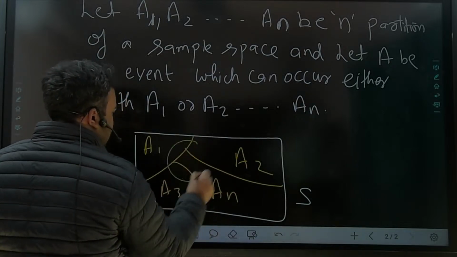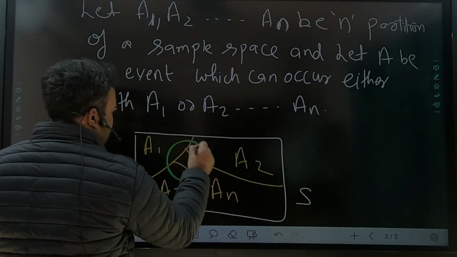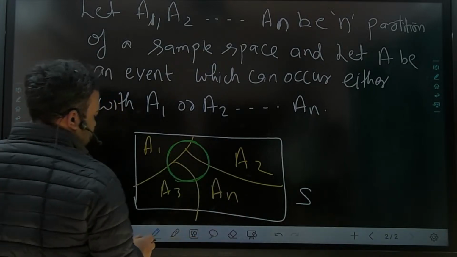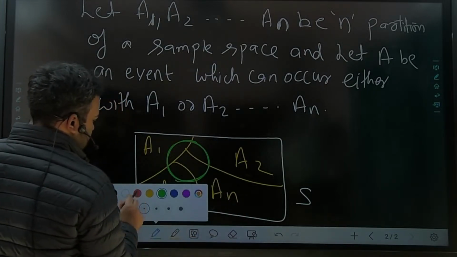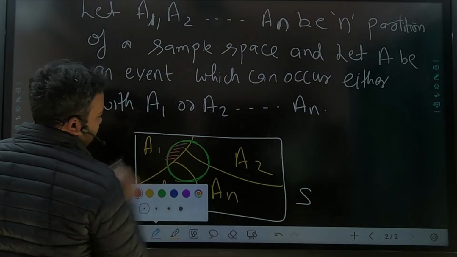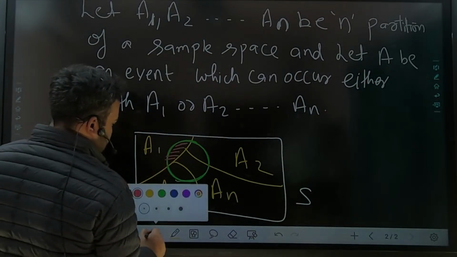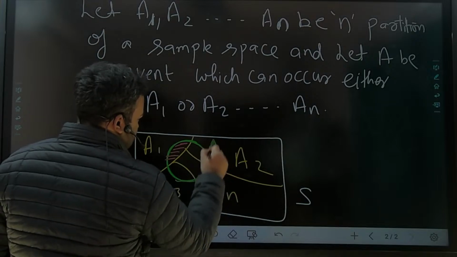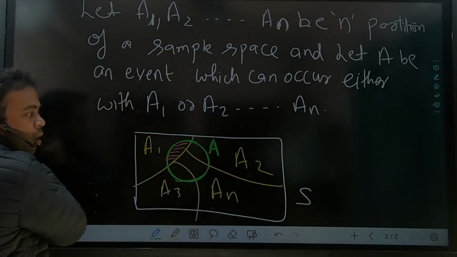Let's say this is an event A, which is occurring in all the partitions.